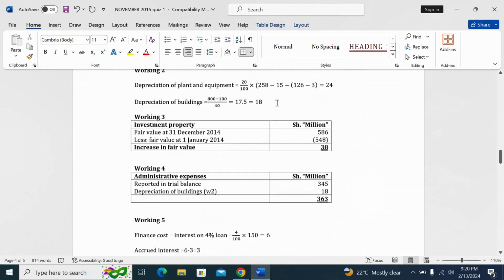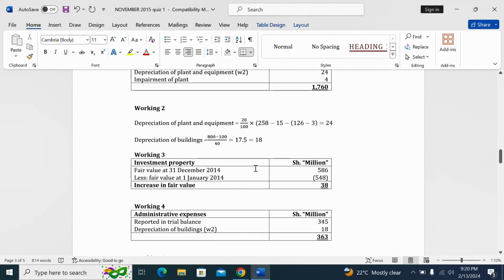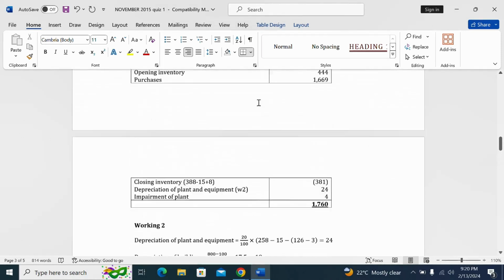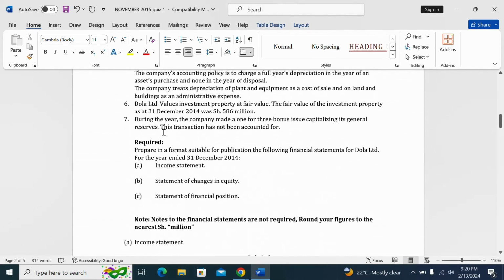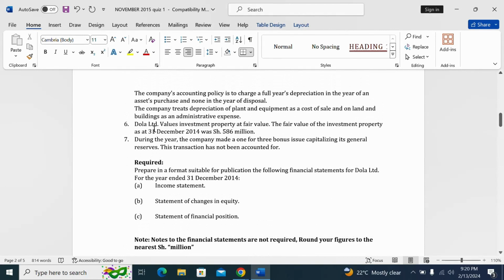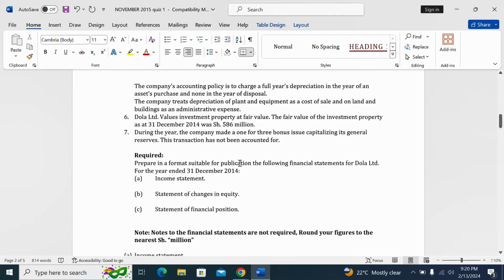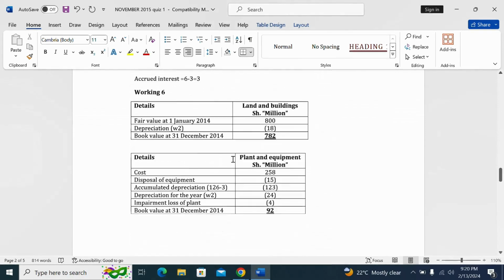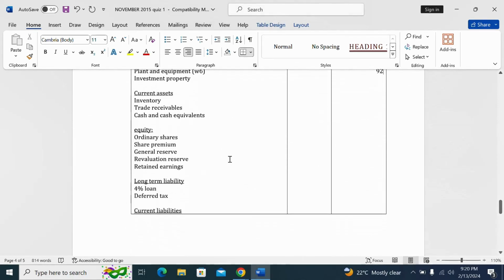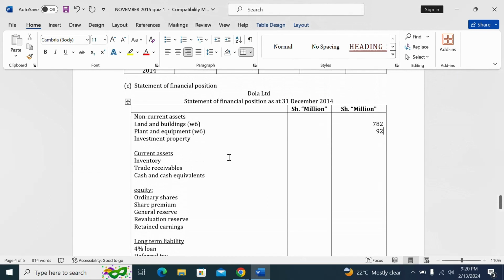The investment property, it is 586. From your additional information number 7, during the year, the company valued investment property at fair value. The fair value of investment property as at 1st December 2014 was shillings 586 million.